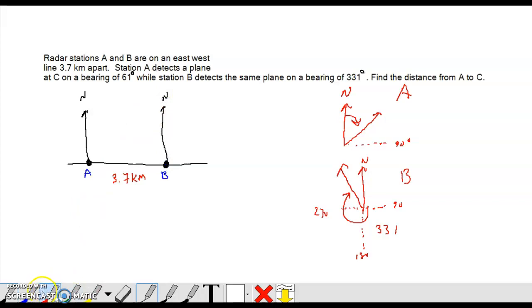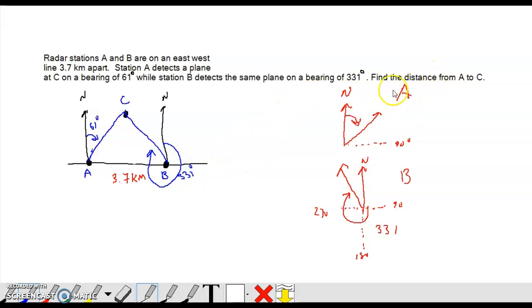Point C is somewhere in the middle, so I'm going to call this point C. Let's pretend that this bearing is your 61. And then this bearing, all the way from here to here, will be your 331. So that's what we know so far.